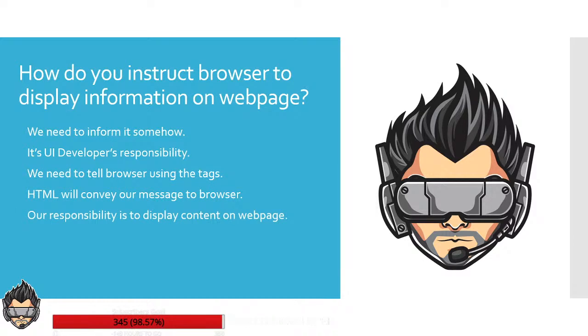We need to talk to a person in the language he knows. For example, if he knows Hindi and you don't know Hindi apart from English, how can you communicate with them? So you need someone who can translate from your part to their part. The browser just understands a few languages. It doesn't understand the language we speak.